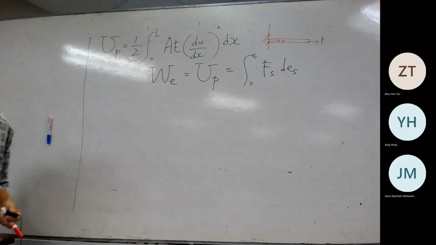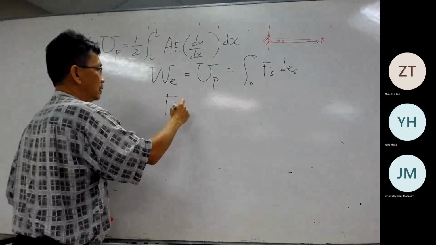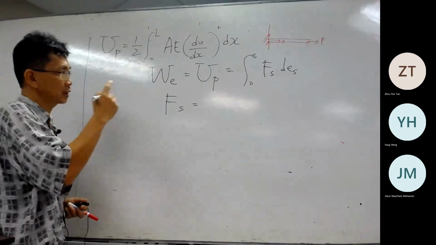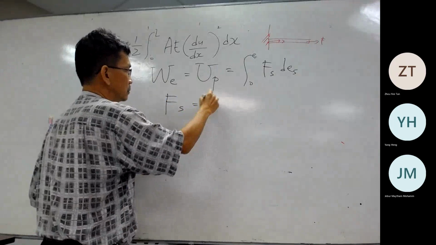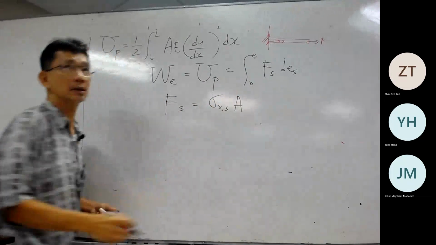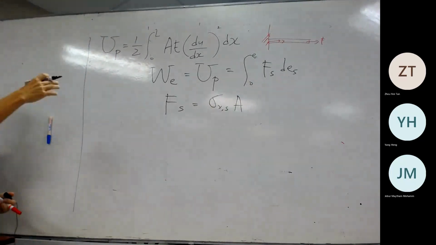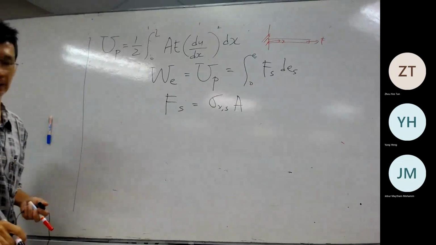Now for Fs, in the notes that you have, S is upside. Now I put it down here. Fs is equal to sigma xs multiplied with A. This is just a relationship between axial stress and axial force.